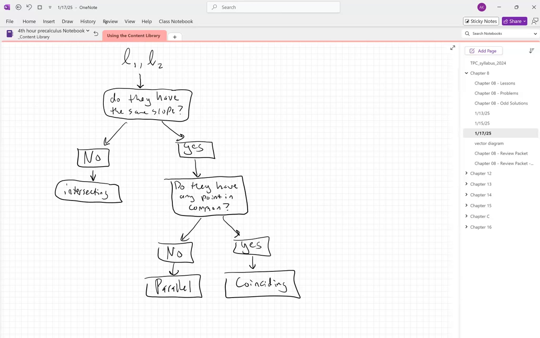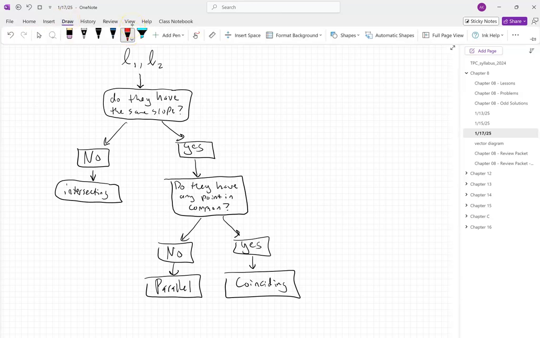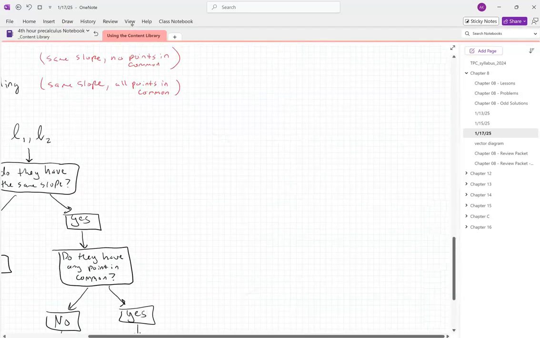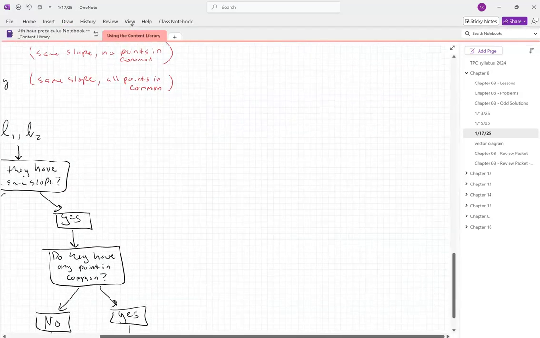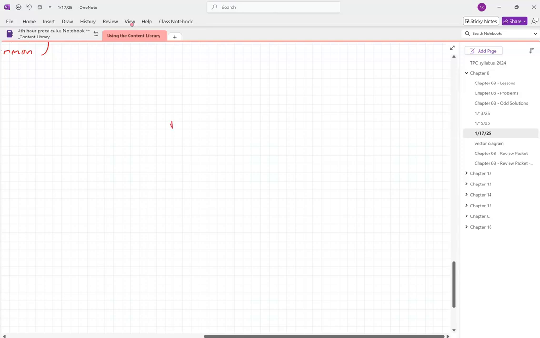What I'm going to do now is redraw this same flow chart, but instead of using the language of lines, I'm going to use the language of vectors and write down how we would do the check for that using our vector line equations. Okay? Does this feel okay? I hope the visualness of it is usually pretty helpful. So let's say we have vector line equation 1.